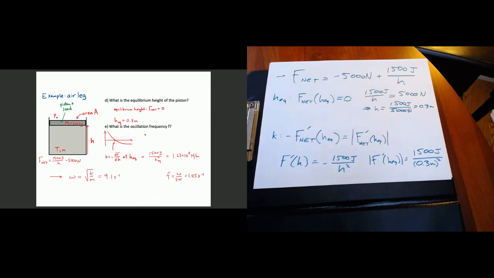But that's not exactly what we normally call the frequency. The regular frequency, which is the inverse of the period, is related to omega by taking omega divided by 2 pi. Okay, and so when you work that out, you get 1.45 inverse seconds.